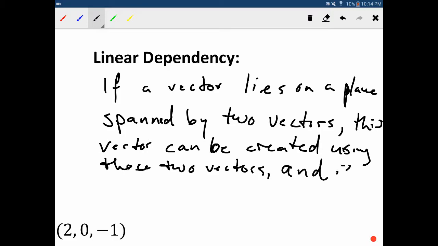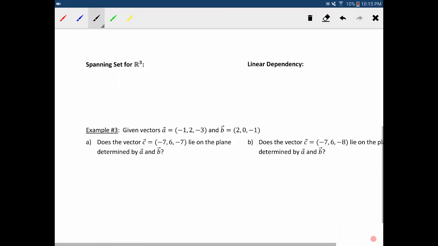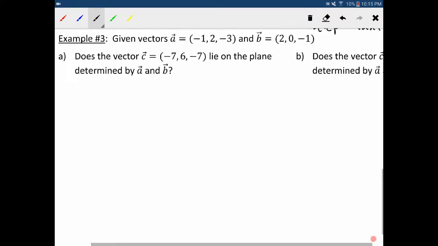And is thus said to be linearly dependent. Okay. There you go. All right, so we're going to take a look here.